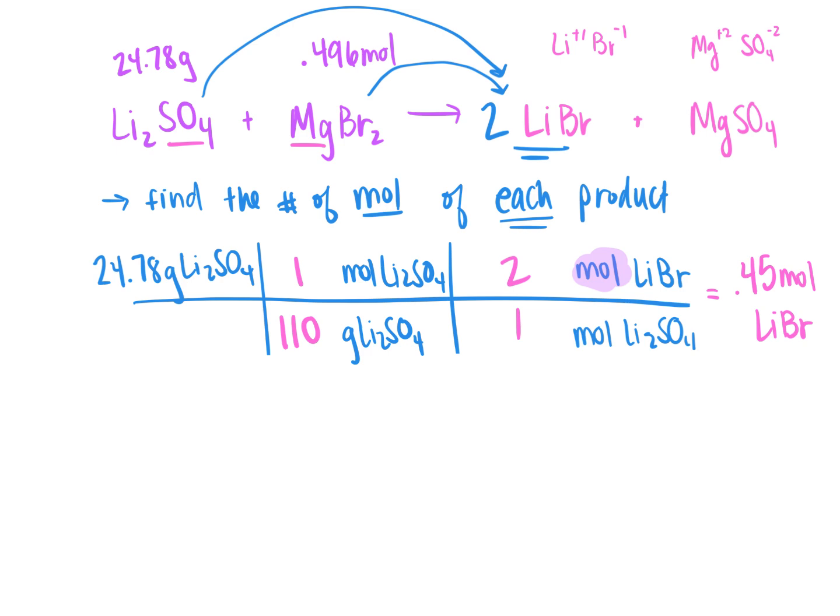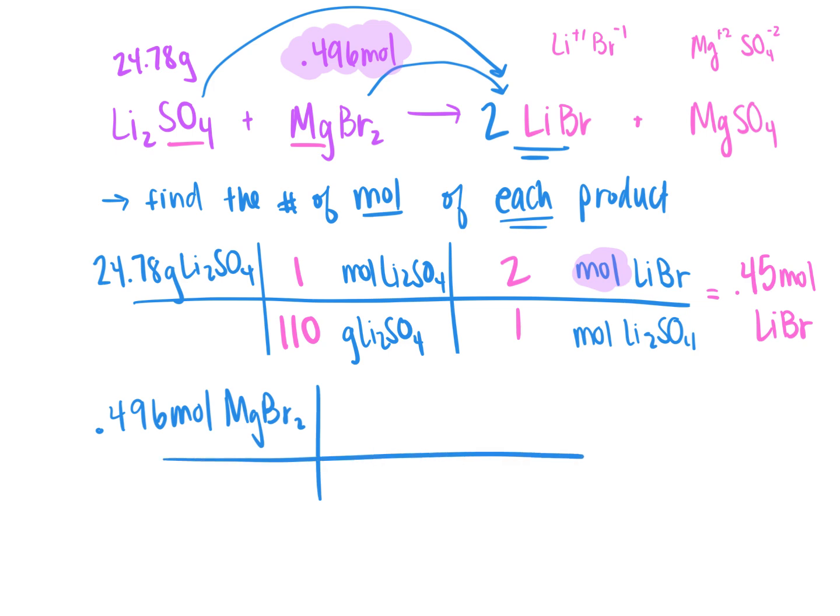Next, we're going to start with our other starting amount, which is 0.496 moles of MgBr2. Do we need the molar mass? No. Why?